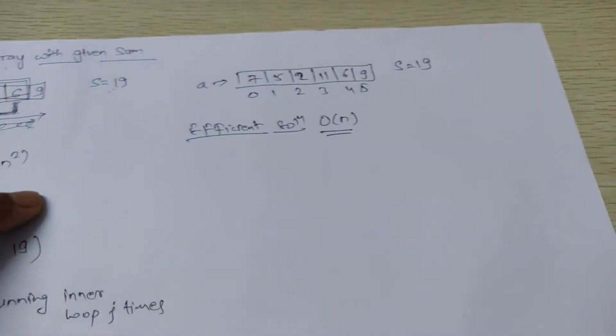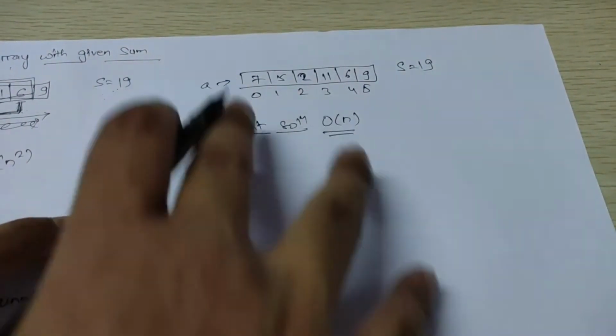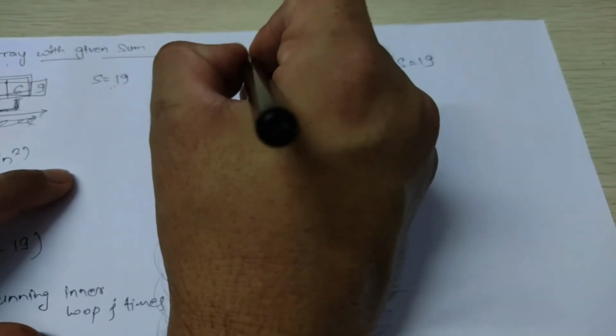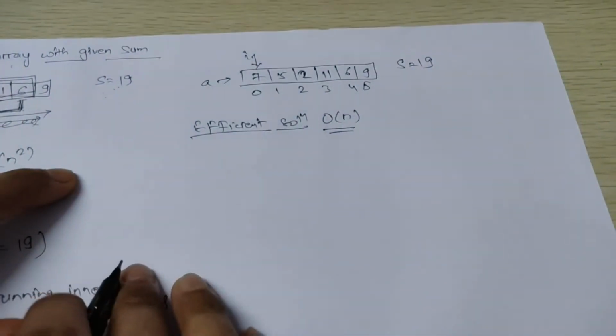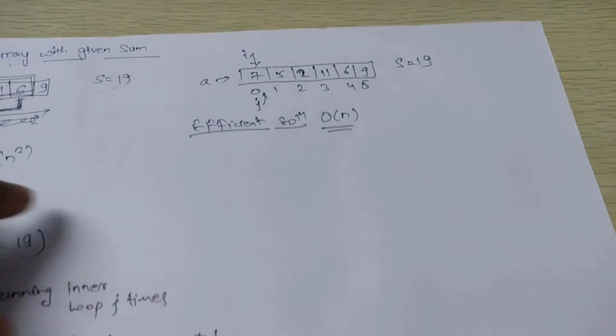This is the array A. Now let's first see the logic of the efficient solution. We say this is our i, and also we have j, which is also pointing to the same element.